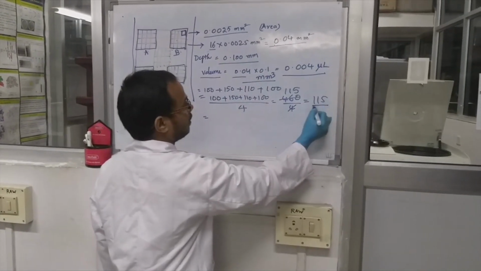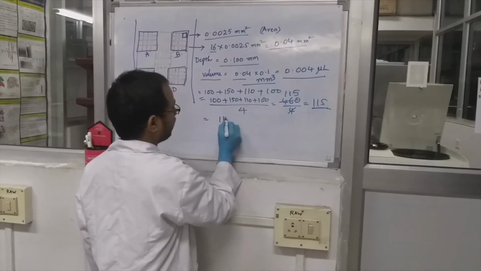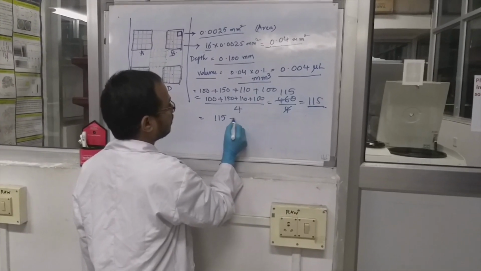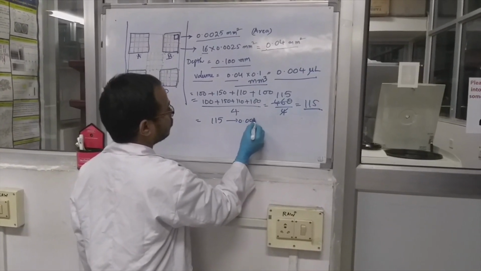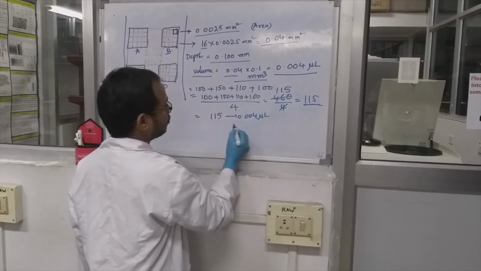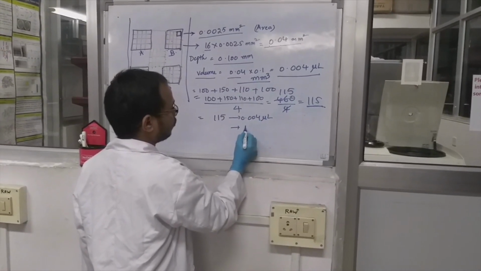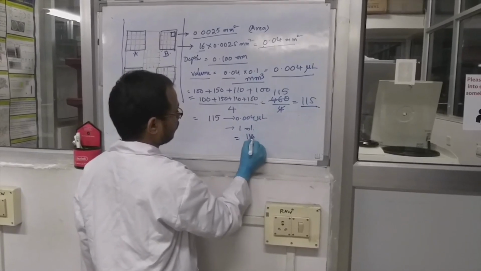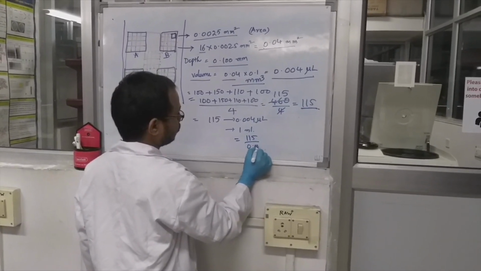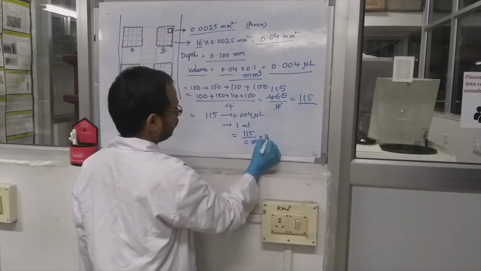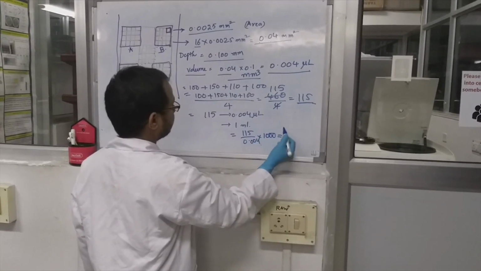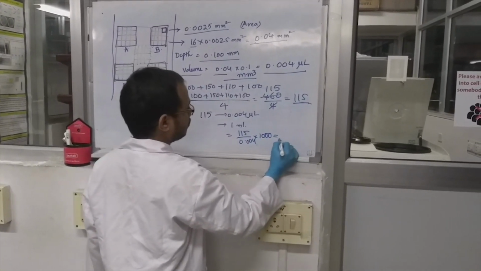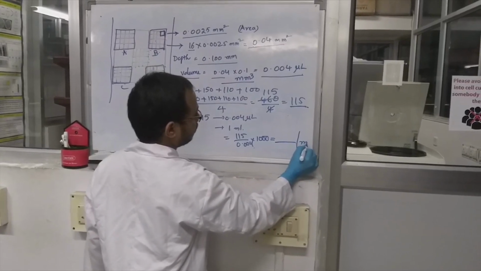The average is 115. So 115 cells in 0.004 microliter volume. So how many cells per 1 ml? We can calculate simply 0.004 into 1000. That will give the volume, and from it the cells per ml.